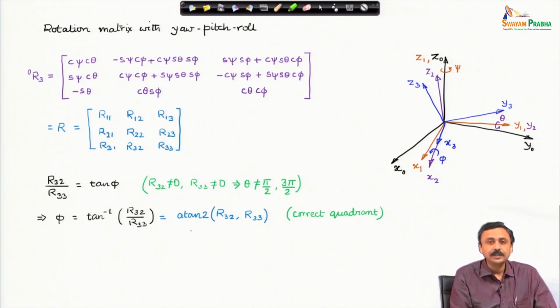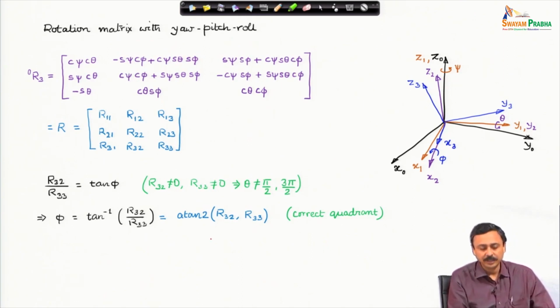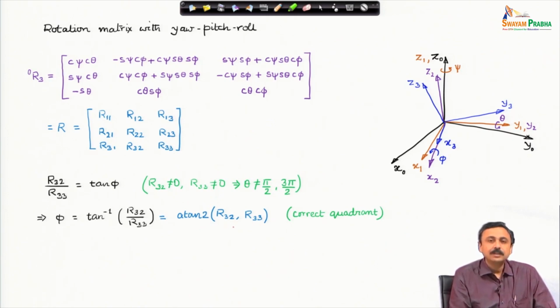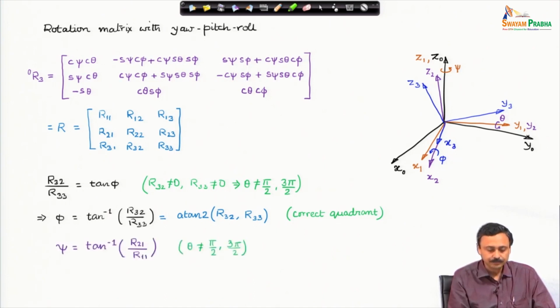You have to give A tan 2 the numerator comma the denominator. In some implementations it is the denominator comma the numerator, that you have to check, but in a large number of programming languages it is the numerator comma the denominator. A tan 2 is a standard function which gives you the correct quadrant as well. Actually it can handle even zeros.